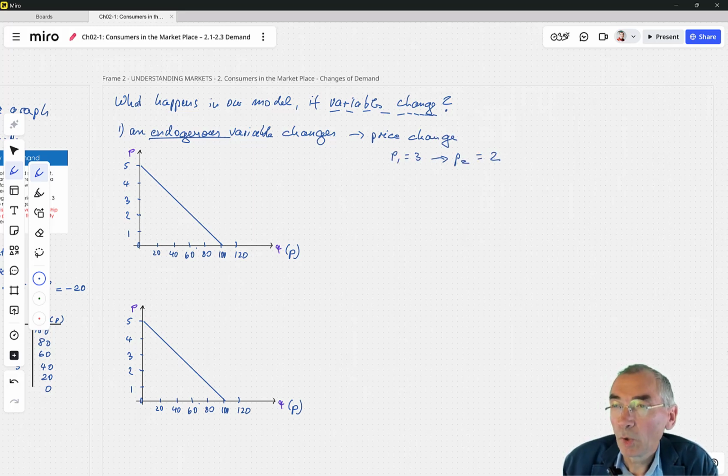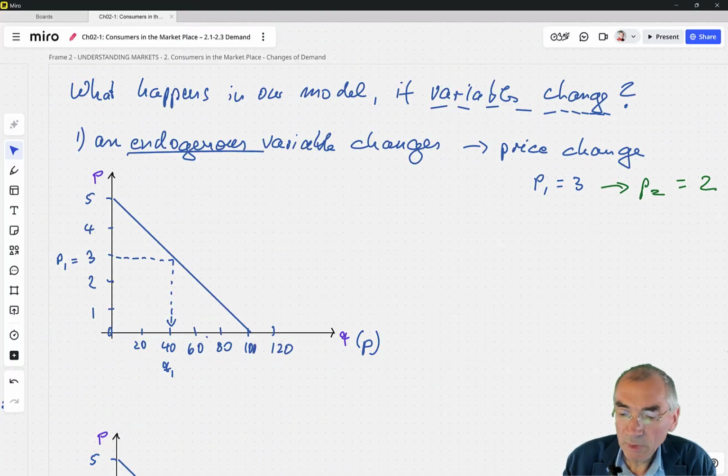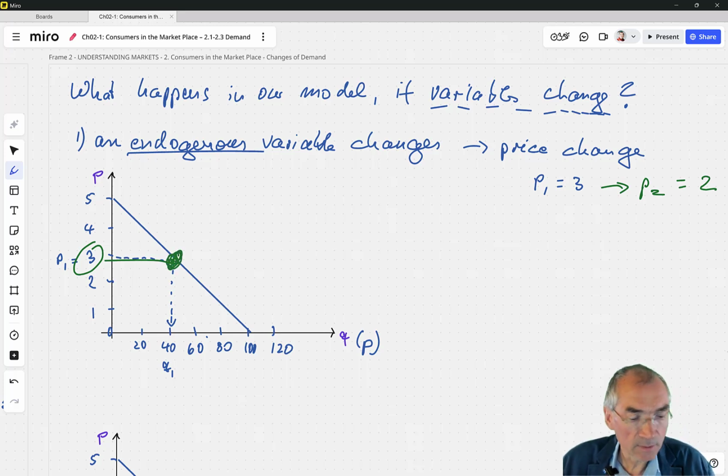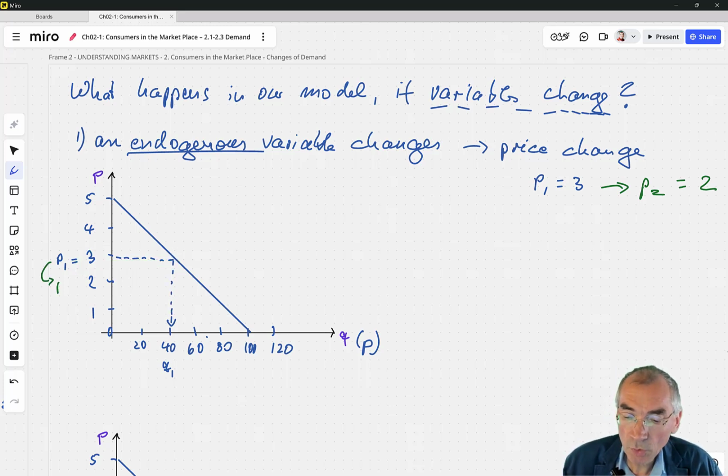Now our model works that way that we start at a point saying with a price of 3, what is the quantity demanded? Our price P1 is 3, and from the 3 we go to the line, and then we go down as sketched here in the graph. So what happens if this price changes? It's no longer 3, but it's 2.